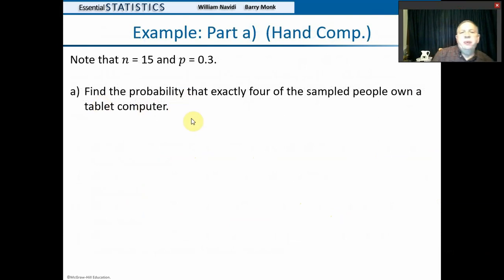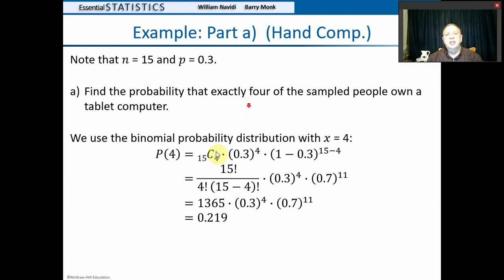So the first one is to find the probability that exactly 4. N is 15, so let's see. Here's the 15 choose 4. This is the notation for out of the 15 trials, exactly 4. So this calculation, you can find this in your calculator under the probabilities. Different calculators do different things. We'll probably work on this during labs. But it's basically the 15 factorial, the n factorial, here's the x factorial, and then 15 minus 4 factorial.